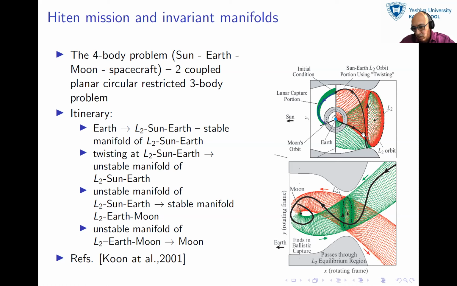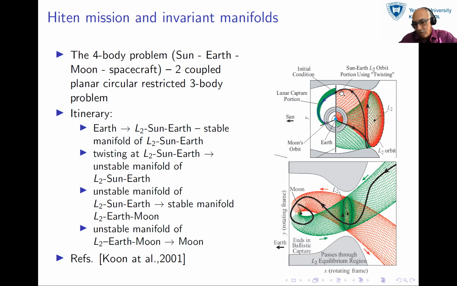Sorry, the color convention is different here. The green is stable and red is the unstable. So you follow the green one, you go towards the Lyapunov orbit. You switch to the red one, which is the unstable. So you move away from the Lyapunov orbit.